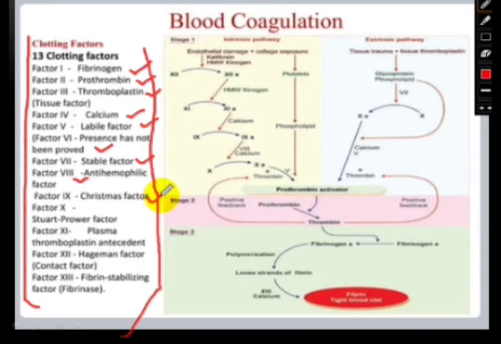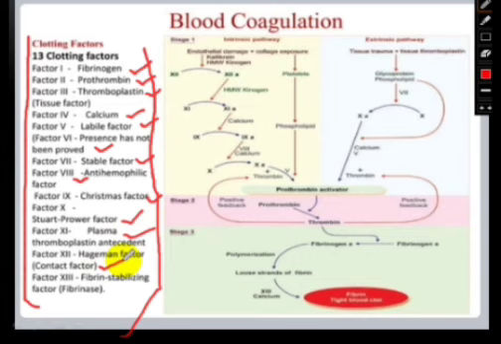Factor 9 is what? They will shout that one because they love Christmas. Factor 10 is what? Stuart. Okay. Factor 11 is what? Okay.